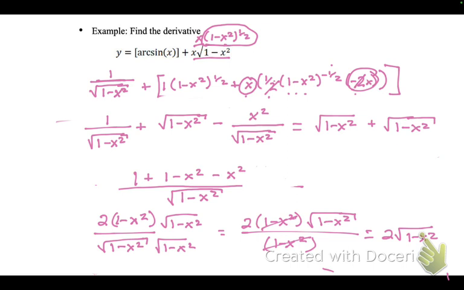But I don't know how they jump from here to here. I don't know. We got there, yes. But to go from here straight to there, I think they left out a lot of steps, didn't they? Yeah. It looks like they did.